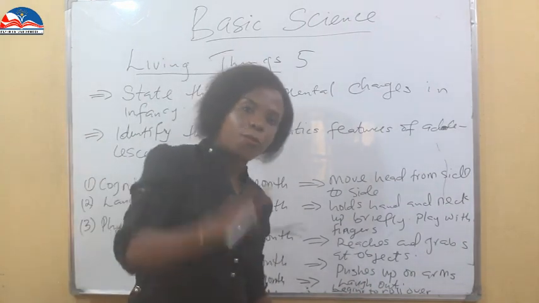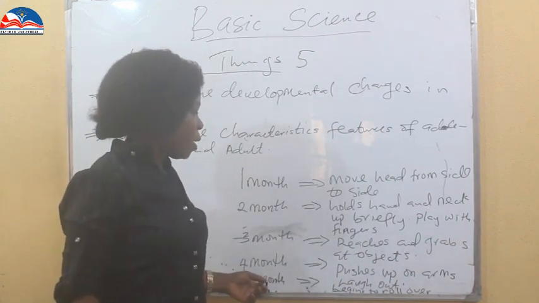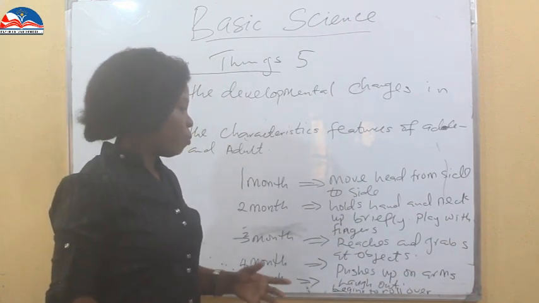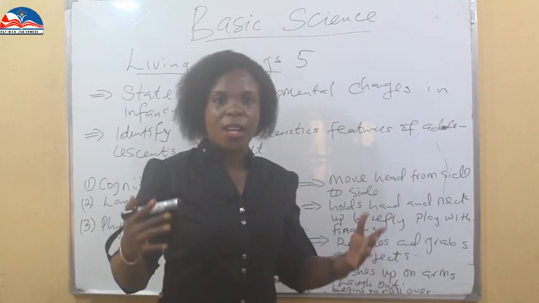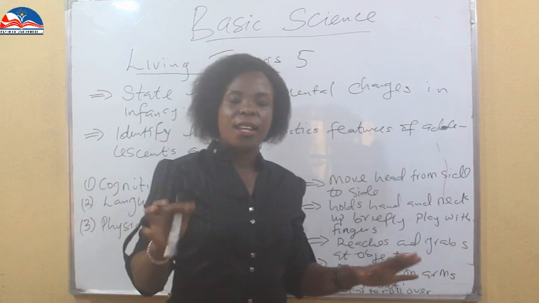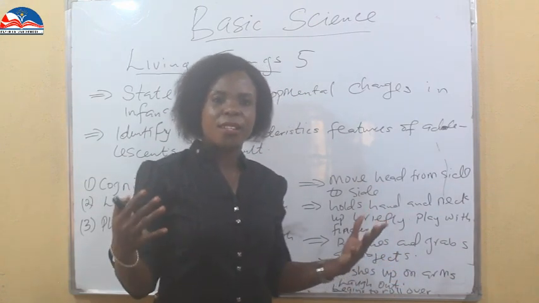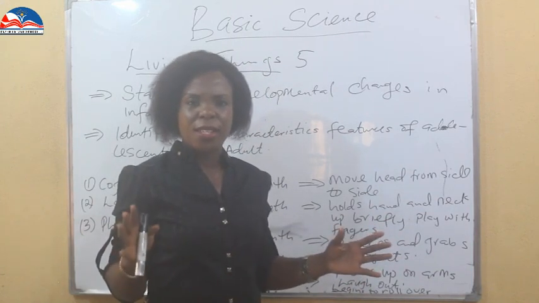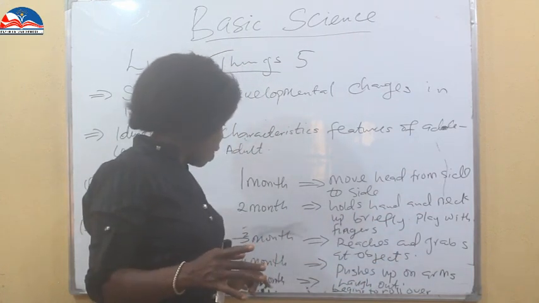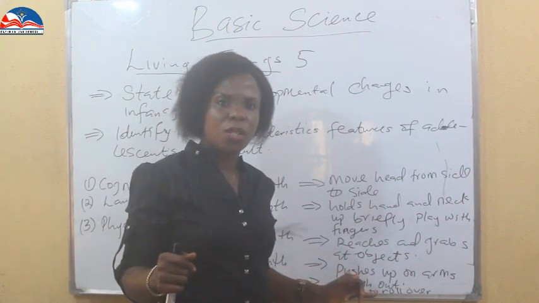Now at 5 months, the child begins to roll over, laughs at you. You make signs, the child recognizes your signs, the child recognizes the mother's voice a little. These are the stages at 5. Now let's look at 6. What happens to the child?